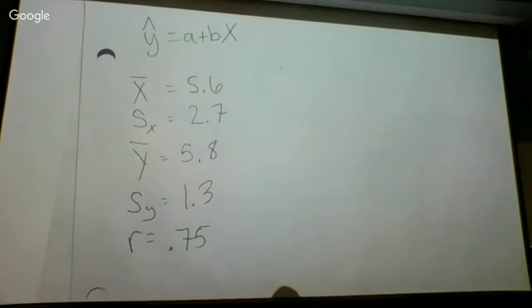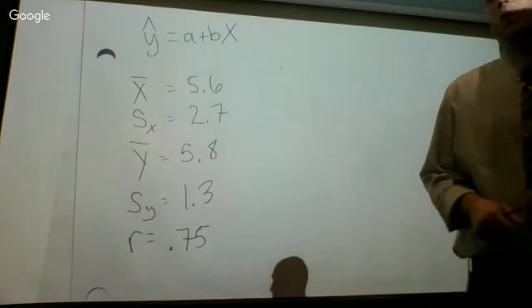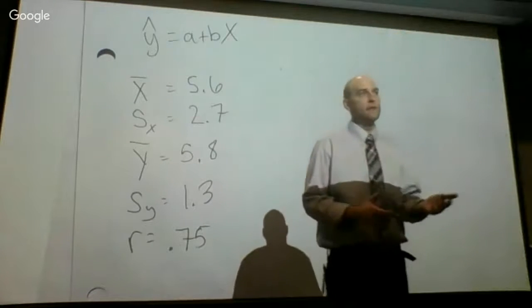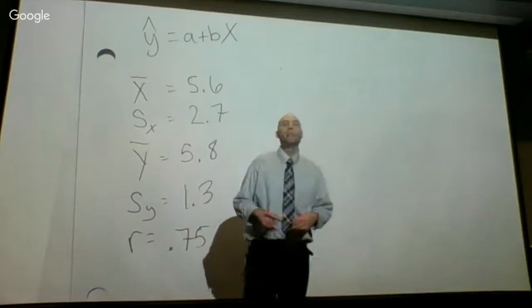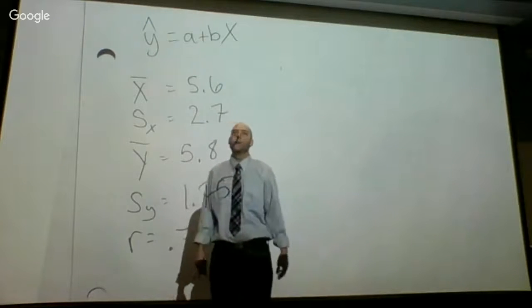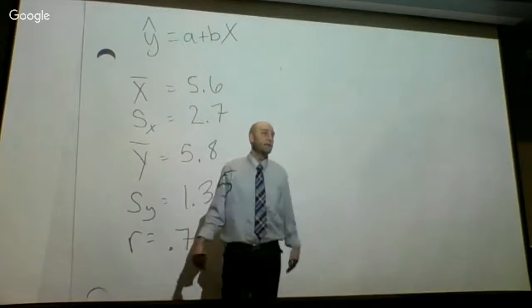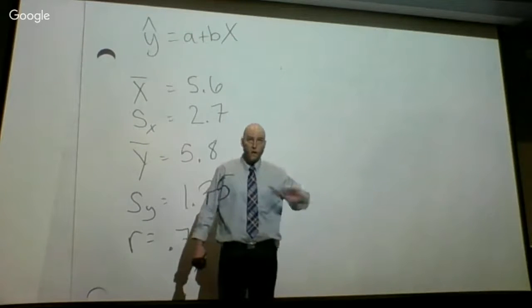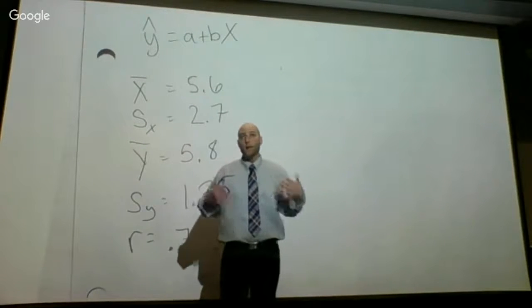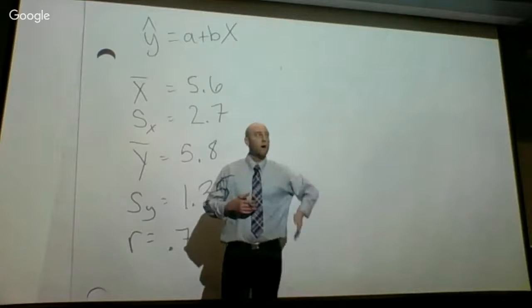The first 2 questions we asked and answered: what's the independent variable and what's the dependent variable? We know that in this example, x is the independent variable, but x is always the independent variable. The horizontal axis, as we talked about, x is the independent variable and it predicts the y.